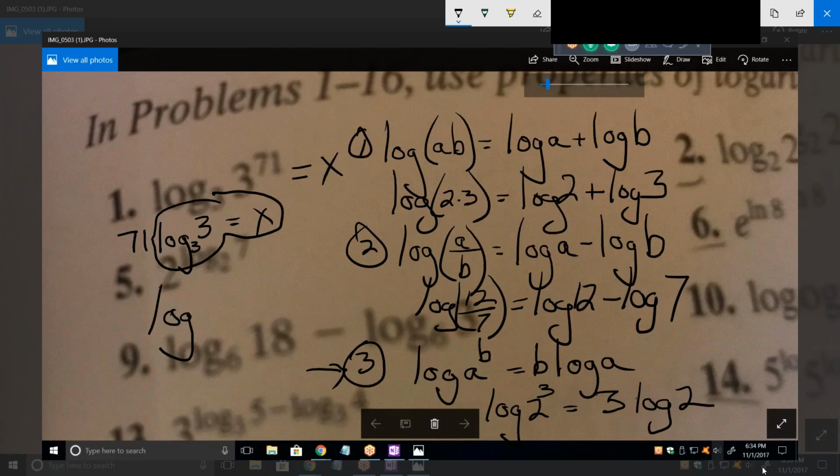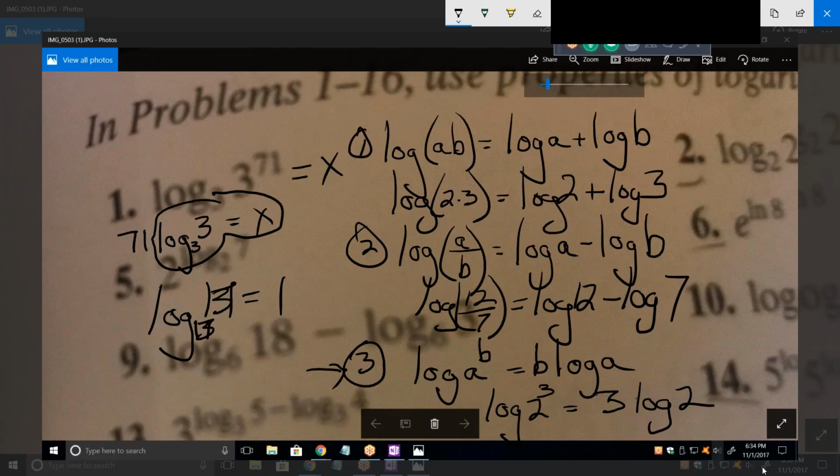Well, I want you to recognize something. That's always 1, no matter what the base is or the argument. If I said log base 7 of 7, why? Because 3 to the 1 power equals 3. If that was 17 and that was 17, 17 to the 1 power equals 17.